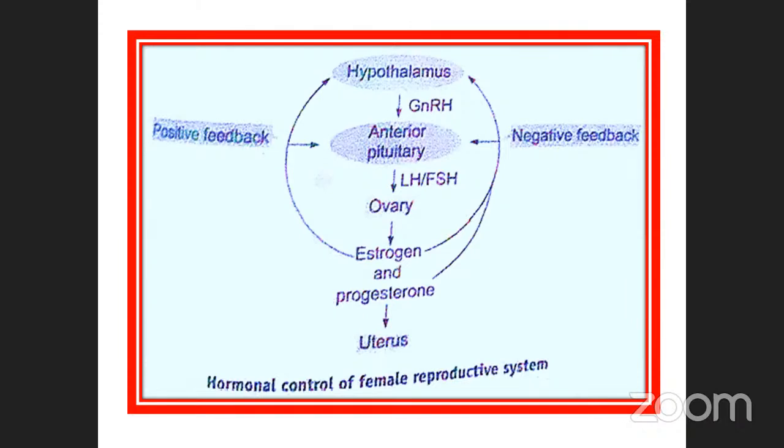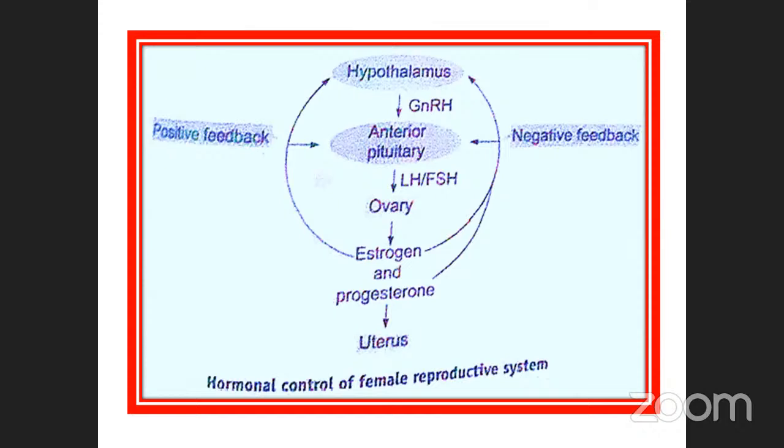When the secretion is over, what happens? Automatically it enters into negative feedback. Again, it will inhibit the hypothalamus, and there is also positive feedback, which is an increasing process. This one is called negative as well as positive. Which hormone is responsible for the positive as well as the negative feedback of the hypothalamus in the female reproductive system?